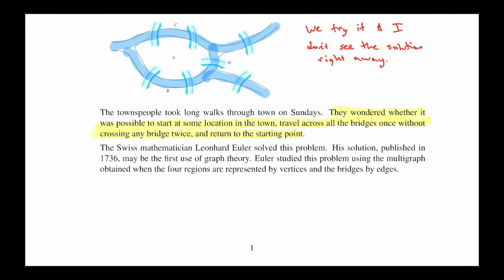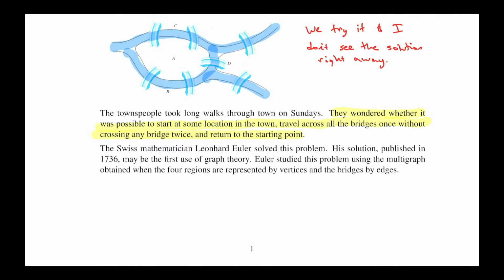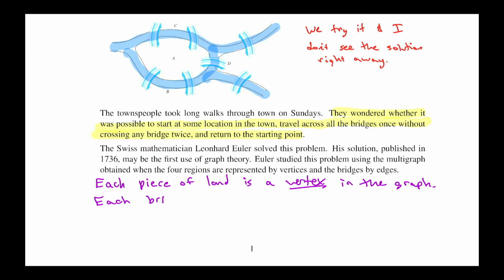What we're simply going to do is this: each piece of land is a vertex in the graph. Each bridge is an edge in the graph.